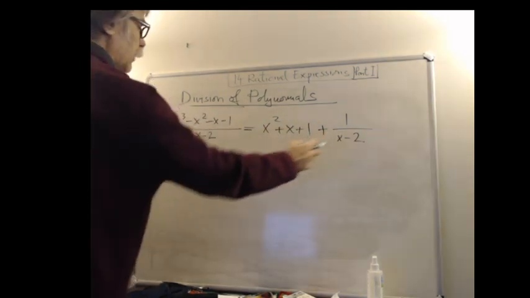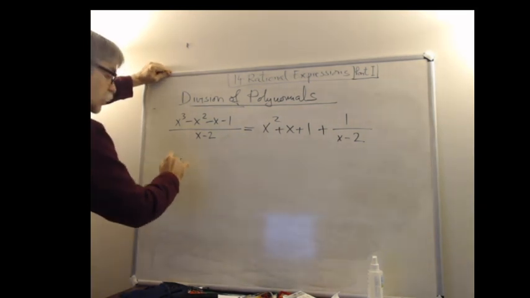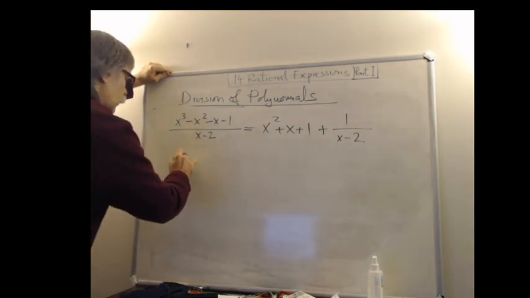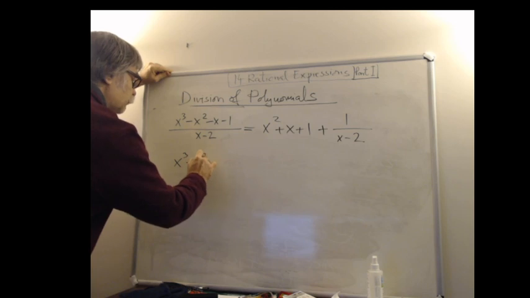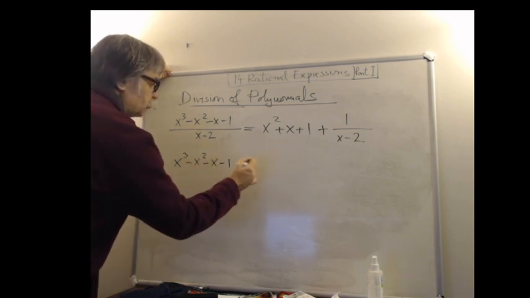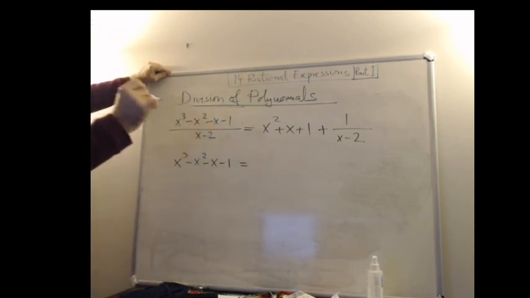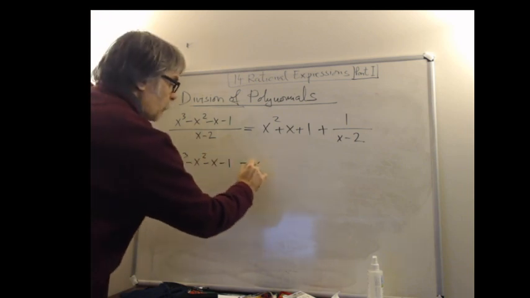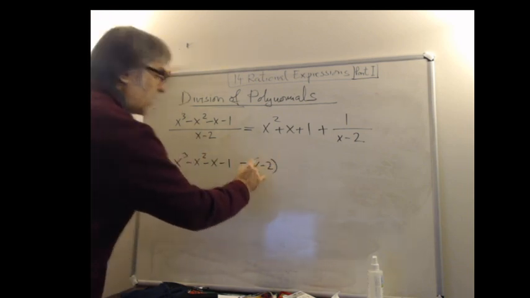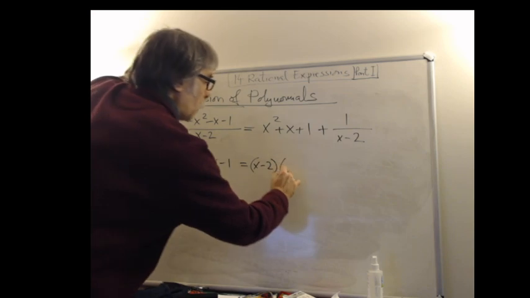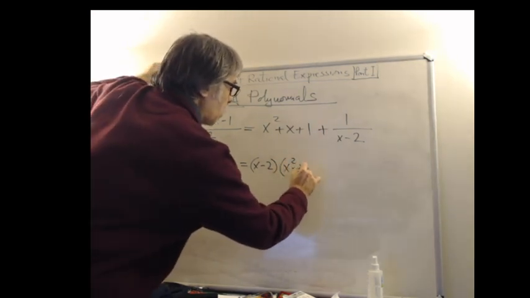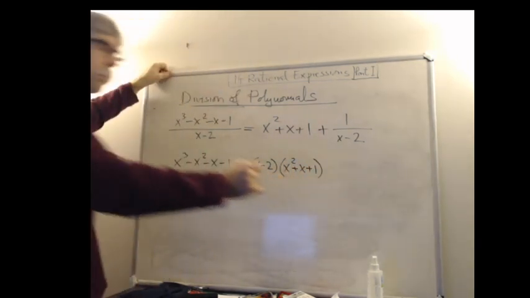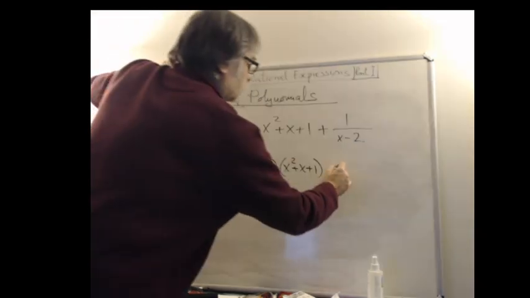Okay, how can you write it in multiplicative format? This is multiplicative format. Dividend is equal to divisor times quotient plus the remainder.